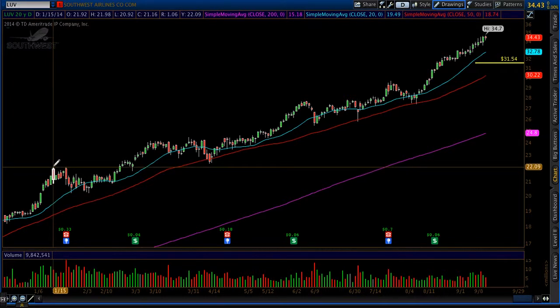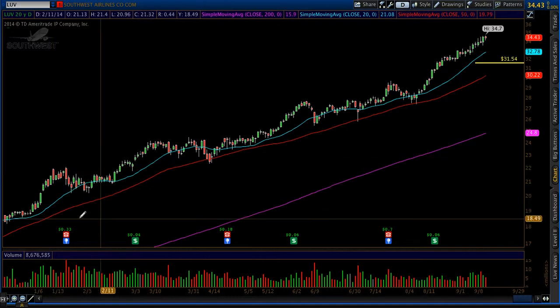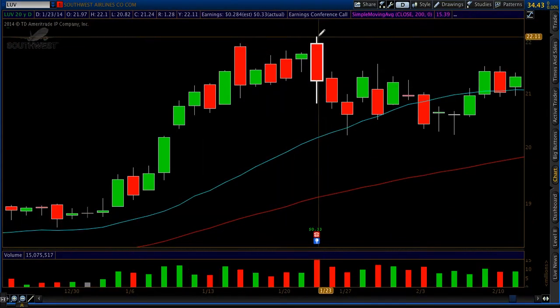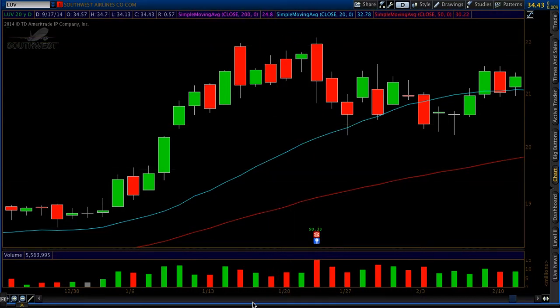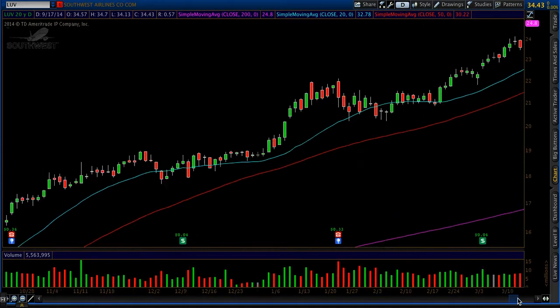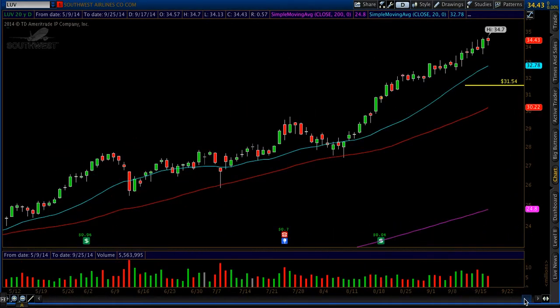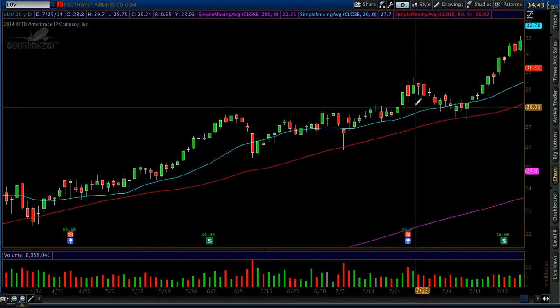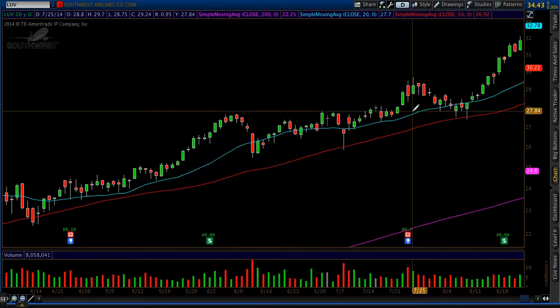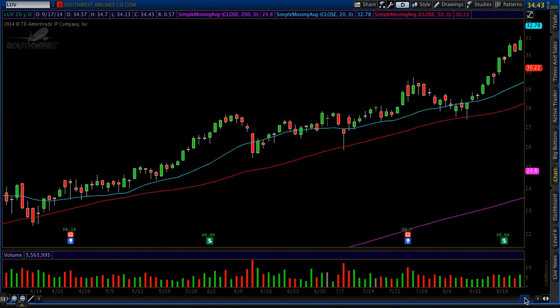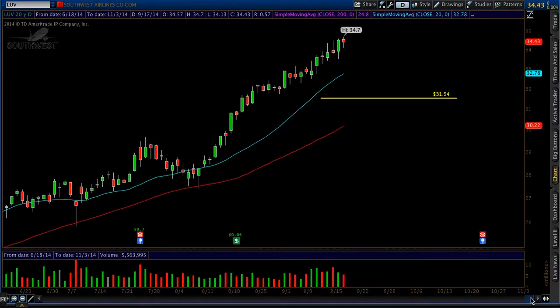Anytime price gets above the 20-day moving average, let's pick this one here. As you can see, when price went above the moving average, it pulled back. Price went above the moving average, pulled back here, and here we are again.